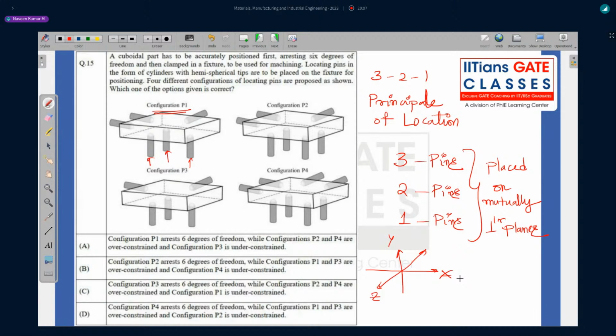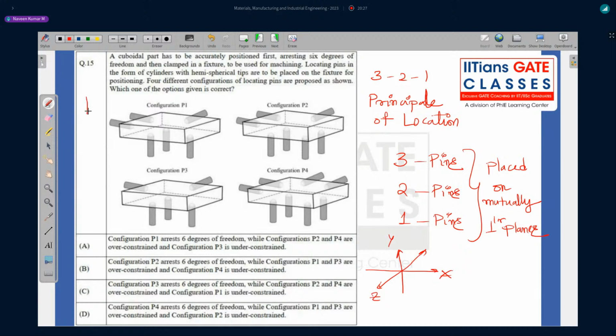Now if you're putting 3 pins at the bottom of your cuboid part here, what is happening? Let's do the count. How many degrees of freedom are constrained? Just assume this configuration, the coordinate system.